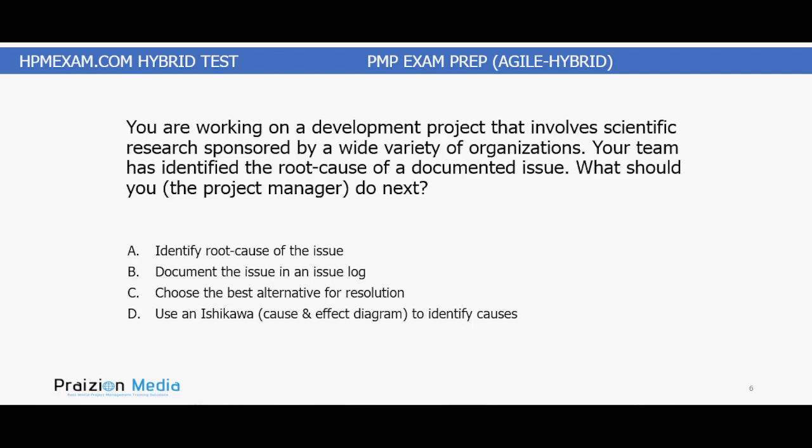This one says you're working on a development project that involves scientific research sponsored by a wide variety of organizations. Your team has identified the root cause of a documented issue. What should you, the project manager, do next?